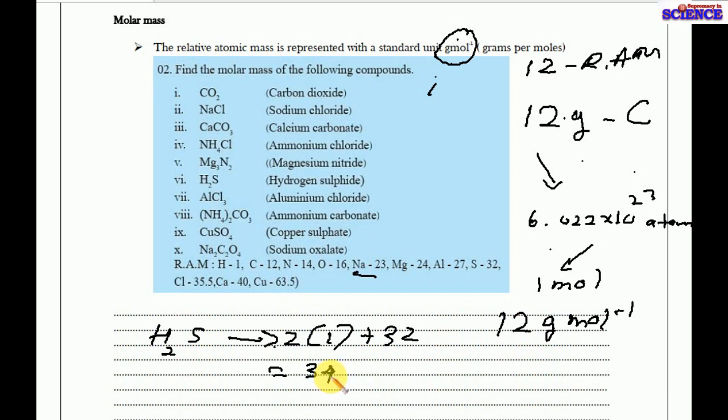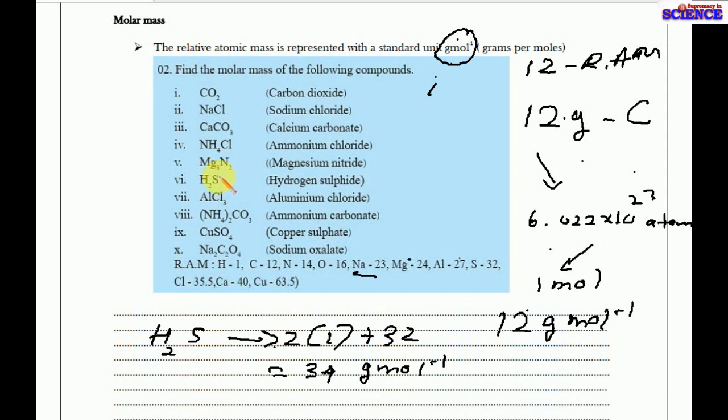But now it is related to Avogadro's number, because if you get 34 grams of hydrogen sulfide, it should have 1 mole. So that's why you put the unit grams per mole. In the laboratory, if you measure 34 grams of hydrogen sulfide, that should have 1 mole or this amount of molecules. Like that you can calculate all these things.